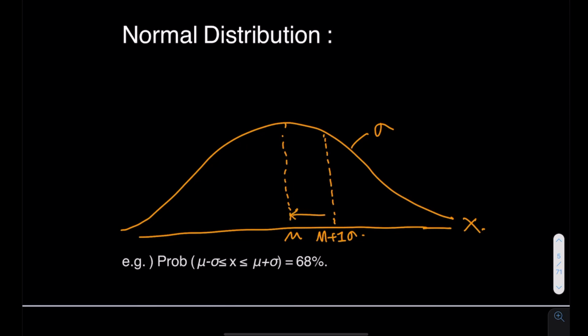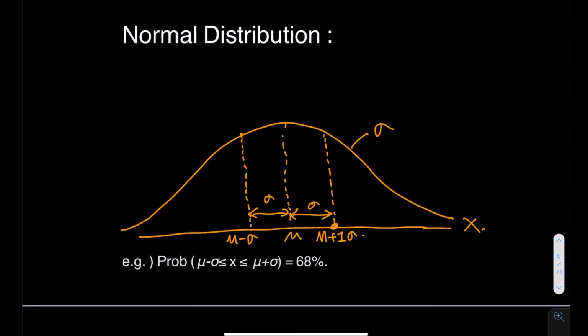So the distance from mu to this new point is sigma. And on the left side, we can also think about the same distance. With the same distance sigma from this mu, the point here is mu minus sigma, right?